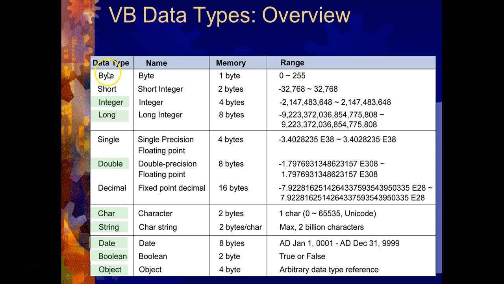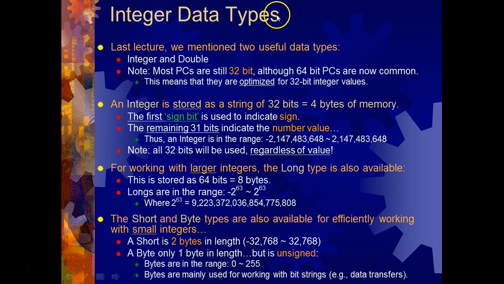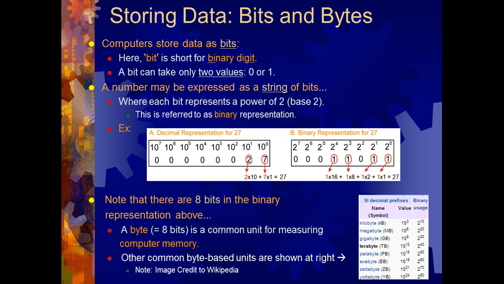But so we have a byte, which we said is 8 bits. And so we can ask, how many numbers can we express using just 1 byte of memory? So if we go back to here, if we use just 1 byte, that means eight of those switches that I was talking about. So we can say whether each switch is 0 or 1, and we have 8 of them.